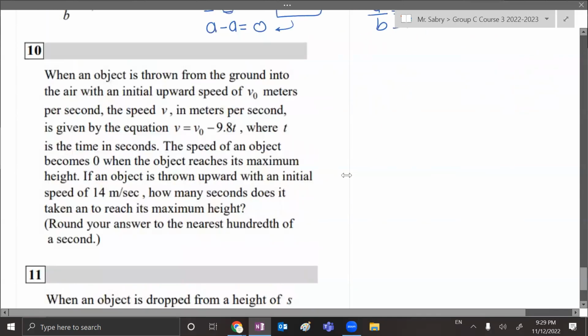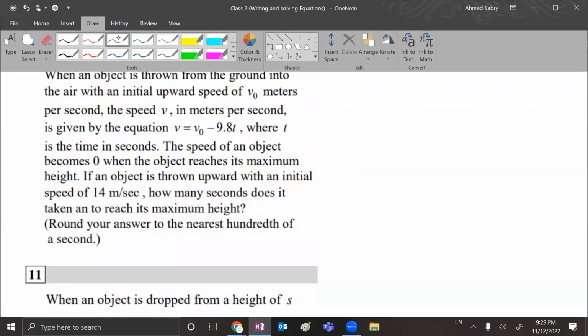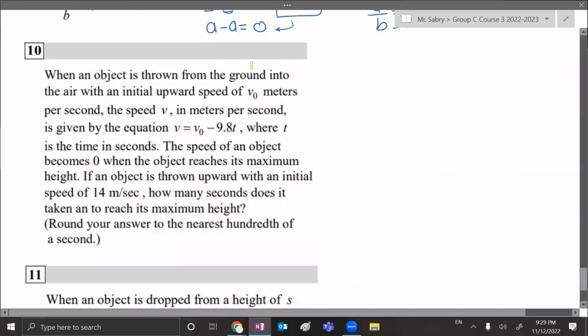Number 10: when an object is thrown from the ground into the air with an initial upward speed of v0. So v0 is the initial upward speed. The speed v, so that's the normal speed, is given by this equation, where t is the time.